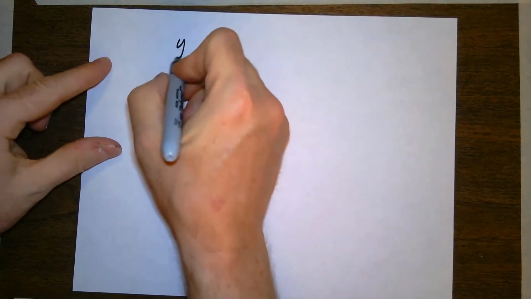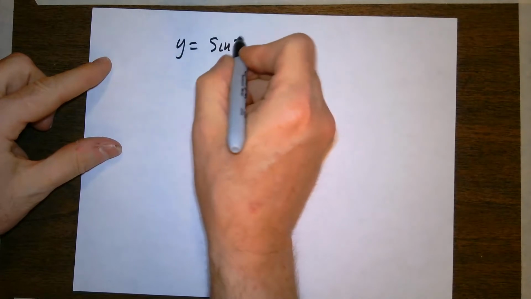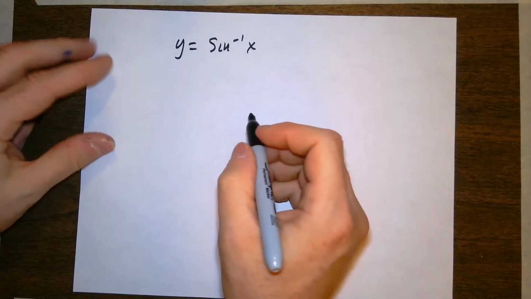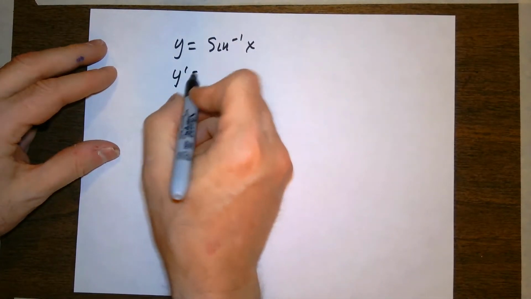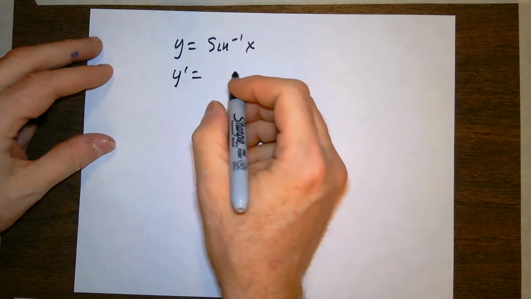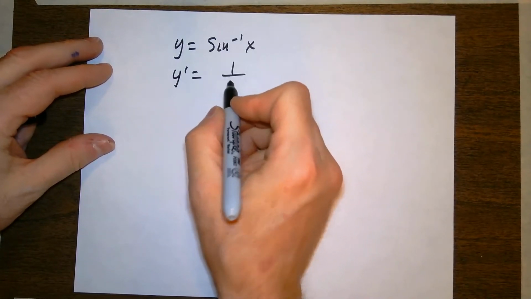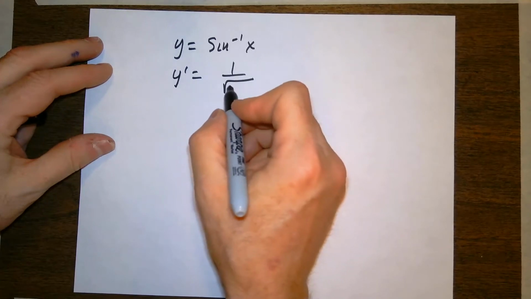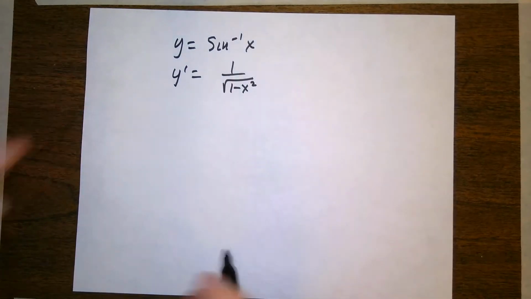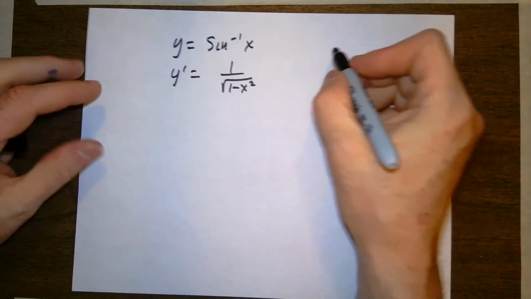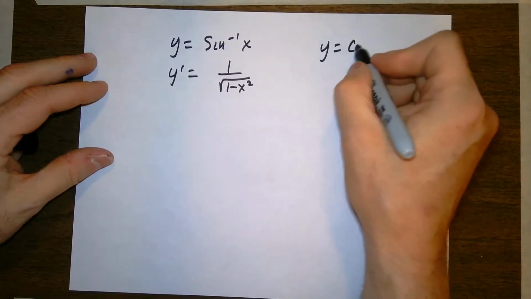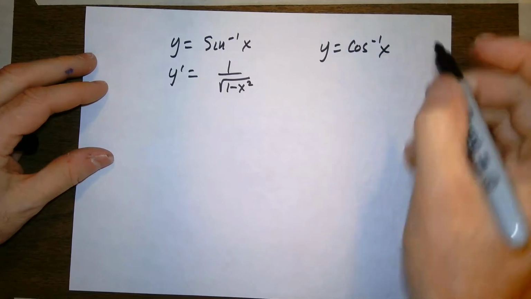If I have y equals the inverse sine of x, the derivative of inverse sine is 1 over the square root of 1 minus x squared. That's my first identity. Y equals the inverse cosine of x.